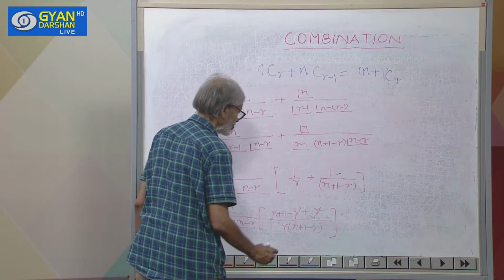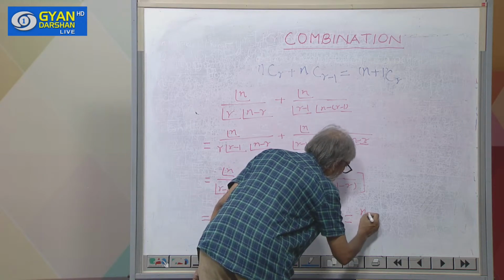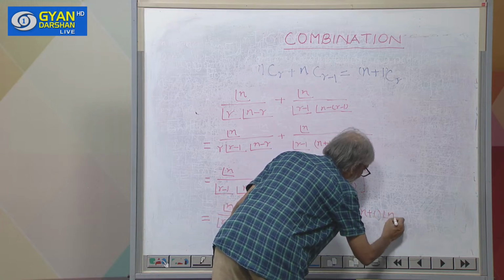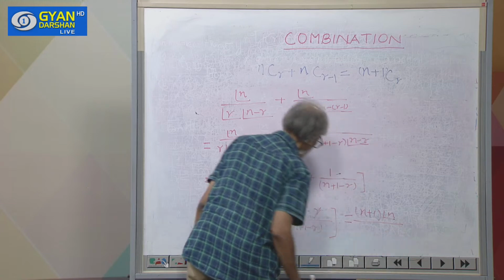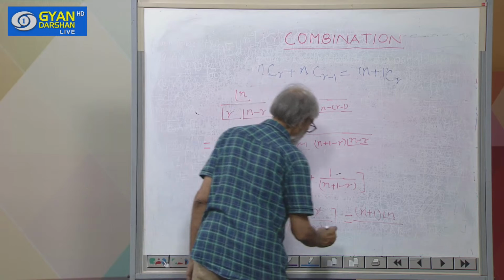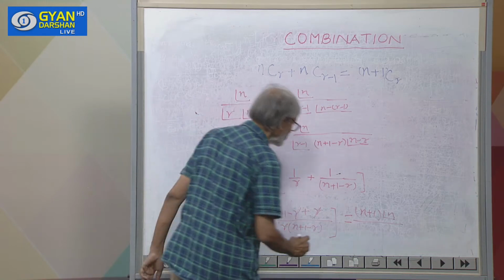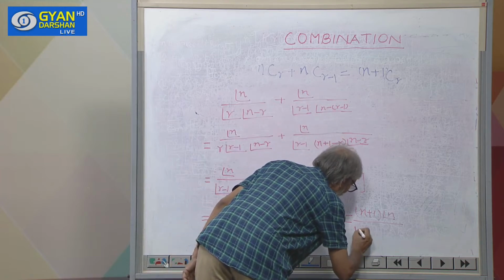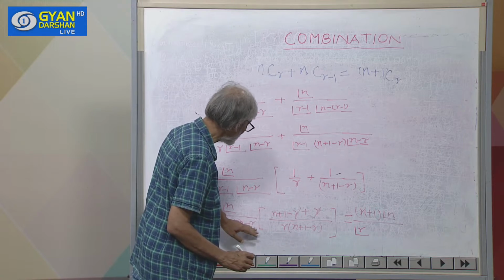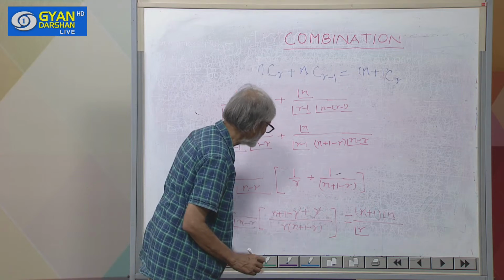So, it will be equal to n plus 1 into factorial n divided by this r multiplied by factorial r minus 1, it will become factorial r, and here factorial n minus r is there, and here n plus 1 minus r is here.